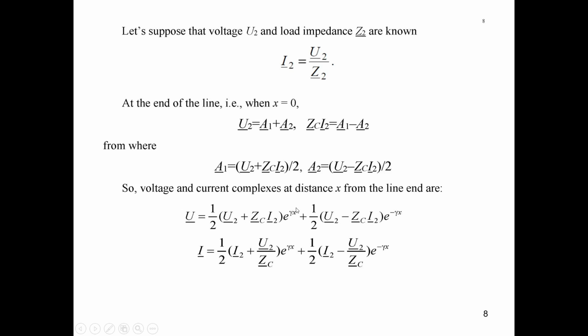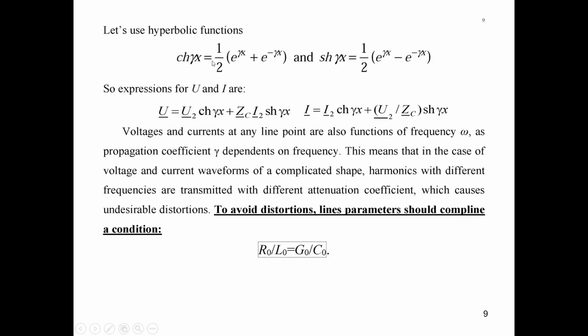How? You see, we have here e to the degree gamma x and e to the degree minus gamma x, and we can rewrite it: it will be u2 multiplied by e to the degree gamma x times 1/2, plus 1/2 u2 e to the degree minus gamma x. And 1/2 u2 may be written before brackets, and in brackets it will be e to the degree gamma x plus e to the degree minus gamma x, and such an expression is equal to hyperbolic cosine of gamma x.